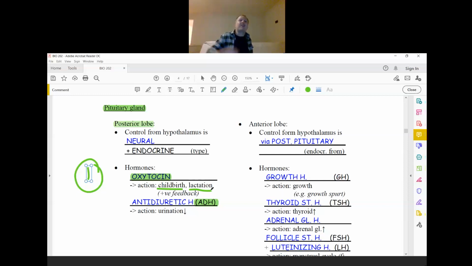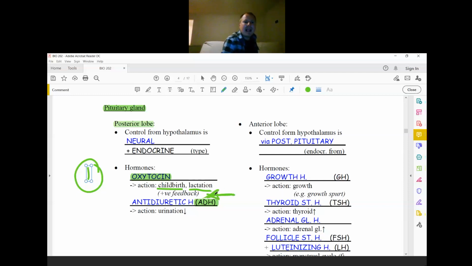When the child is suckling on the nipple, that triggers the release of the milk, and that in turn then secretes more oxytocin, and again more milk is released. So it's almost like a cycle that promotes itself. So that's what we mean with the term positive feedback.